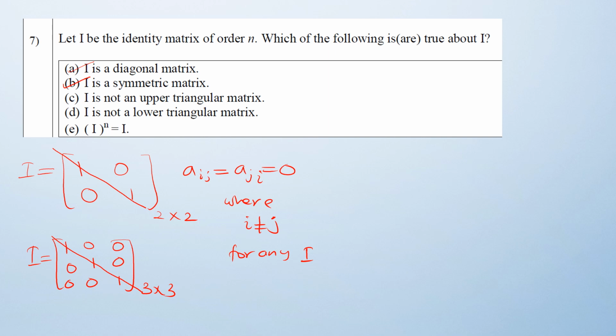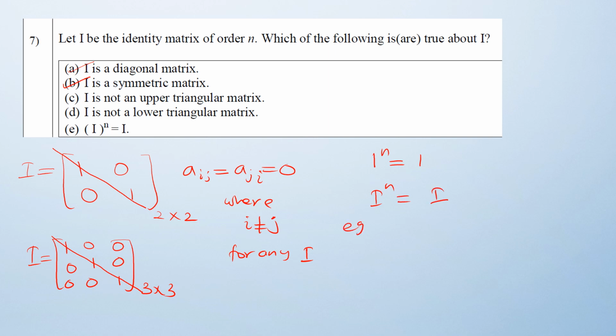I to the power n is equal to I. Yeah, same as in real numbers, 1 to the power n is equal to 1. In matrices, the identity matrix refers to 1 in real numbers. So I to the power n is equal to I as it is.